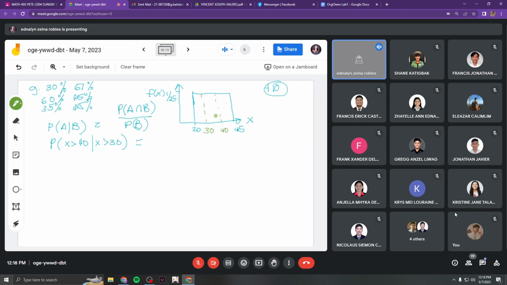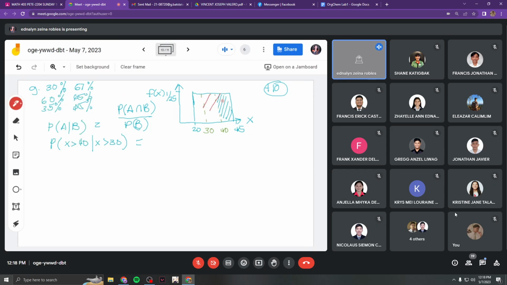So, saan ba sila nag-i-intersect? If the students take more than 40 minutes, ito yun, dito yung area na yon. But if the students take more than 30 minutes, given that they take more than 30 minutes, this area is this one.